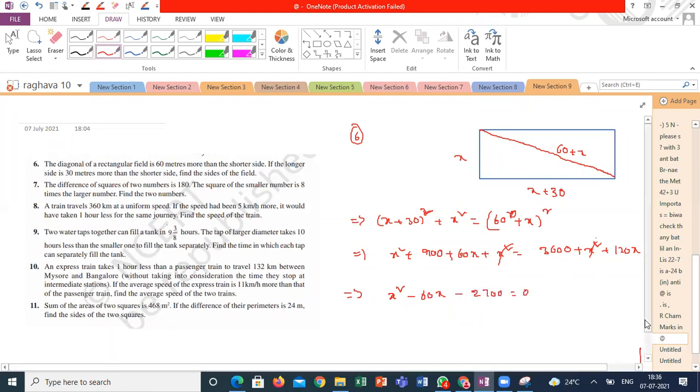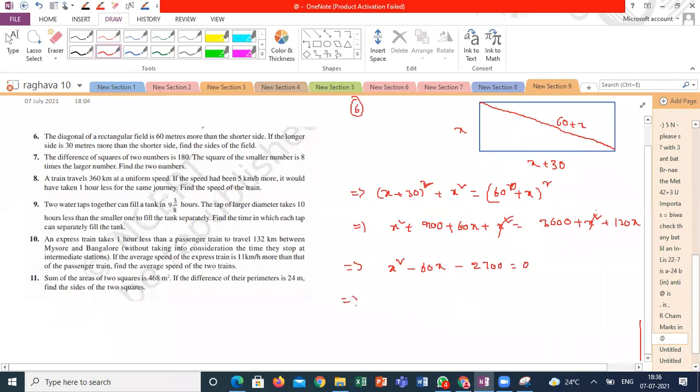We can write x square minus 90x plus 30x minus 2700. I can take this combination: sum is minus 60, product is minus 2700. Taking x common, x minus 90; taking 30 common, x minus 90.